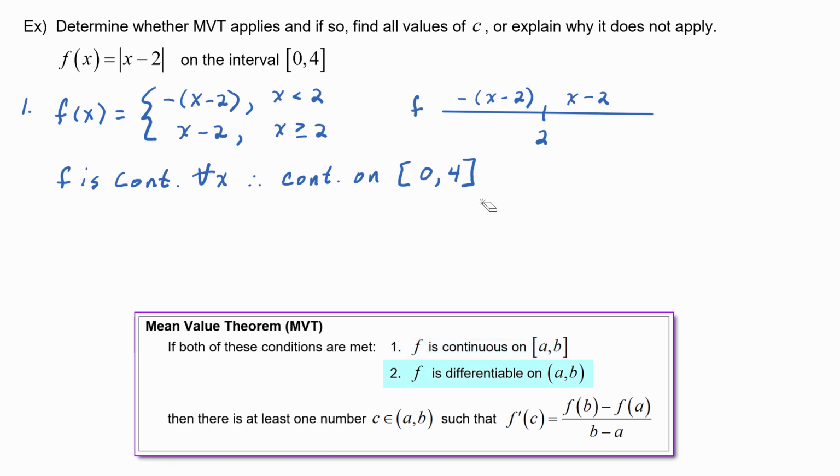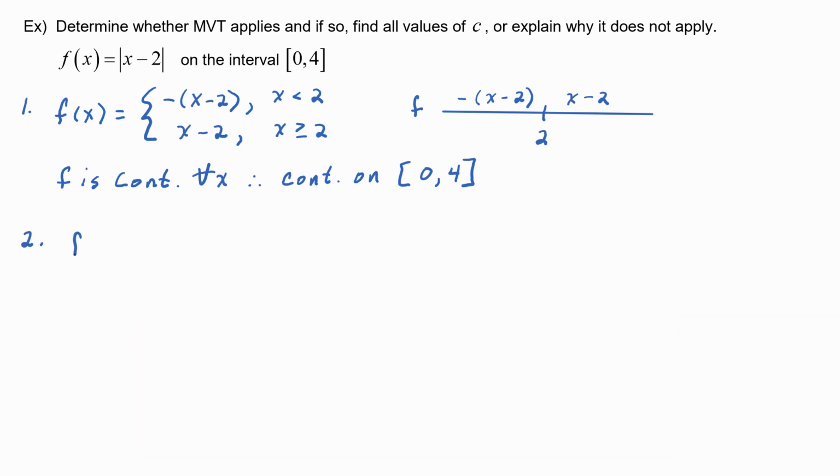Step 2 says we have to show that f is differentiable on the open interval from 0 to 4. So now let's look at f prime of x, and let's write that as a piecewise defined function. Now let's make a line graph for f prime.